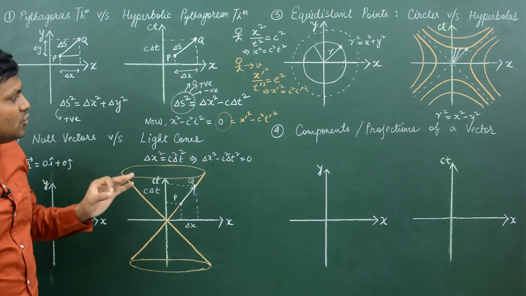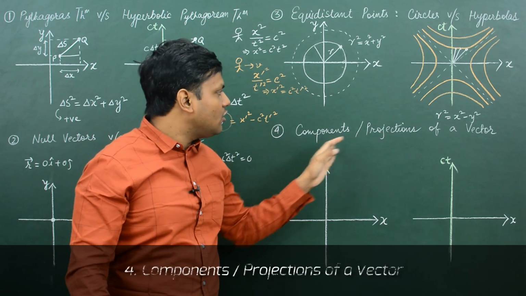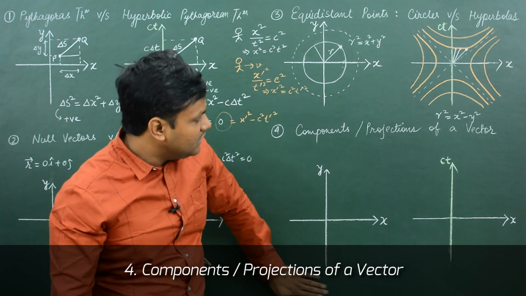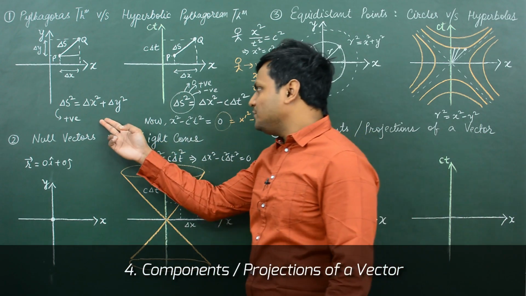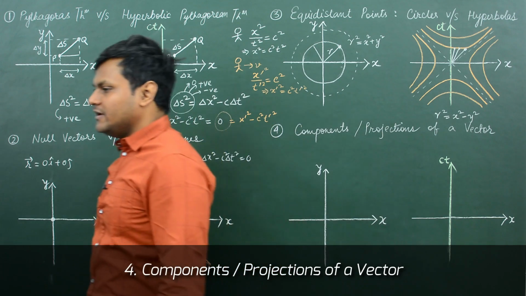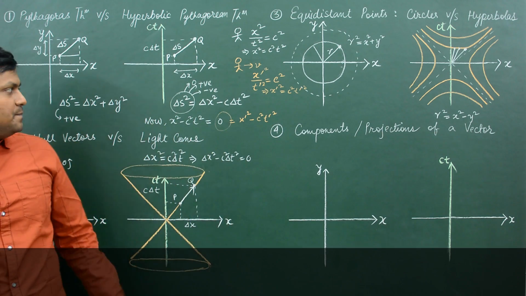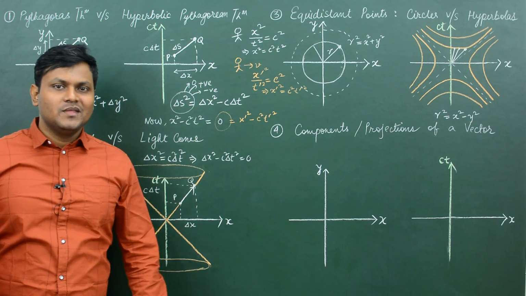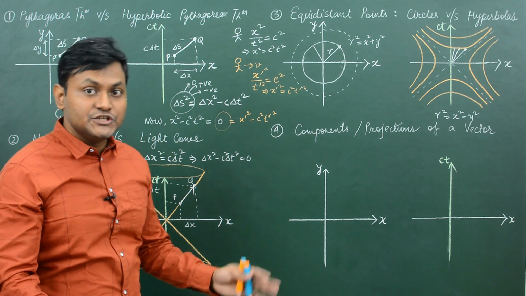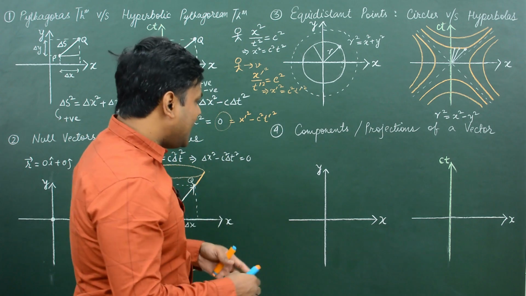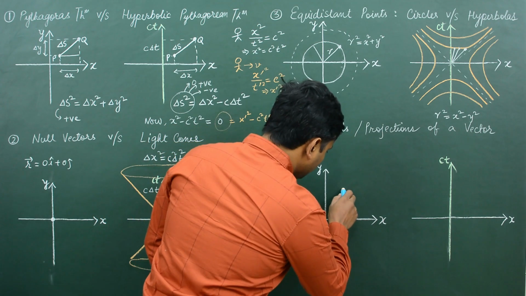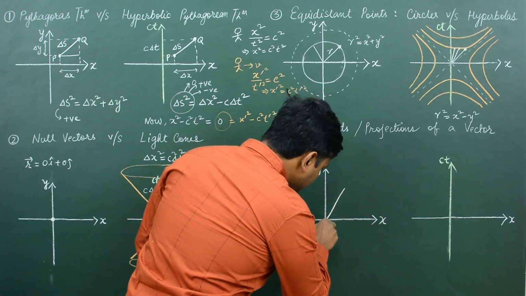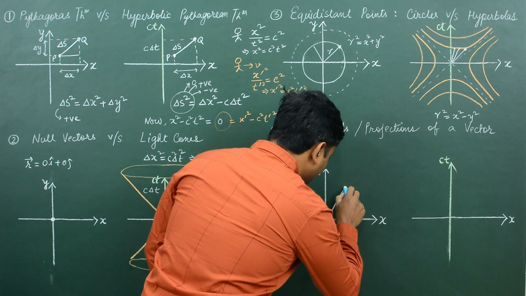Now, let us look at how the projections or the components of a vector are different in Euclidean space and Minkowski space-time. The length of a vector in Euclidean space and the length of a vector in Minkowski space-time are different, right? But what about the projections? Let's suppose I have a vector between any 2 points, O being the origin and P being any point here.